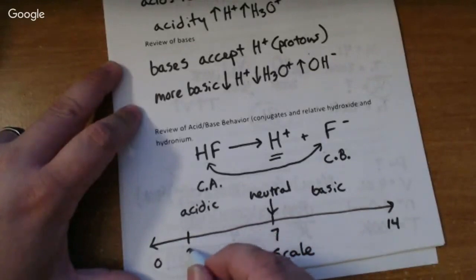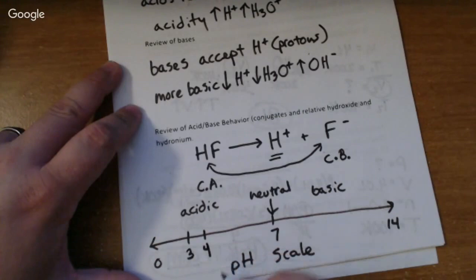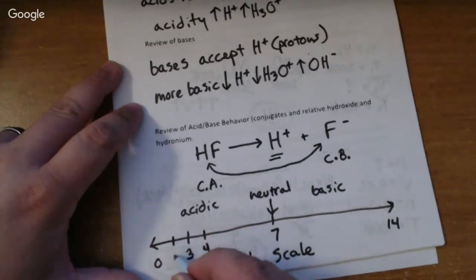Going from, say, pH 3 to pH 4, there's a 10-fold difference in acidity when you jump 1 pH unit. So going towards 0, we get more acidic. So we would say something at pH 3 is 10 times more acidic than something at pH 4. Shift 1 unit and you go 10 times more acidic as long as you're dropping in pH. And that multiplies.